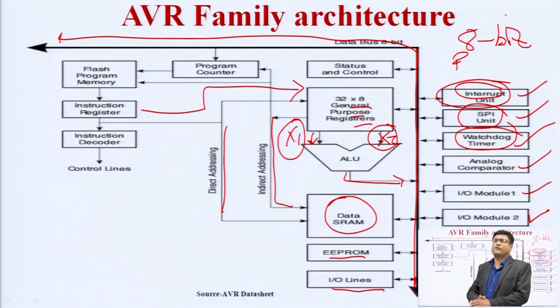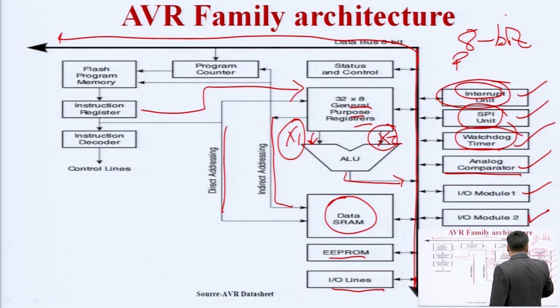If the AVR microcontroller faces any type of error, the watchdog timer will monitor it and take the system into a safer mode. This is the working of the watchdog timer. There is an analog comparator as well, and input output modules. These are the descriptions of the blocks available in the AVR family architecture.